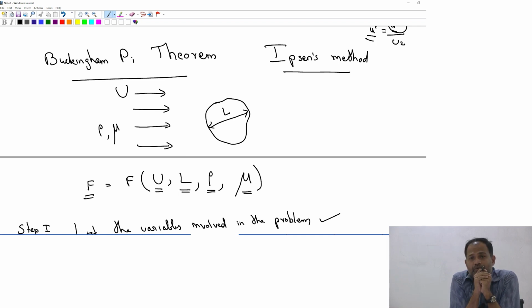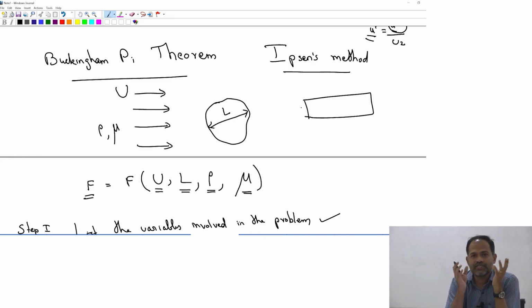It will depend on the shape of the body. So how would you include the shape? Angle does not have dimension, so I don't care. What else would you include? Okay, so you are right. For example, if it was a rectangle, then we could have chosen 2 different lengths.